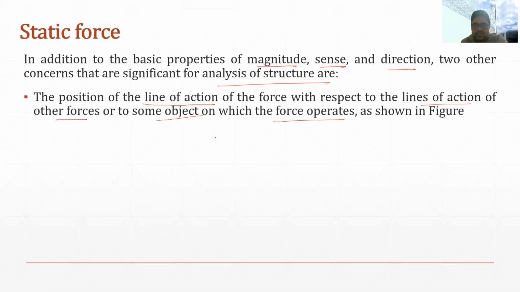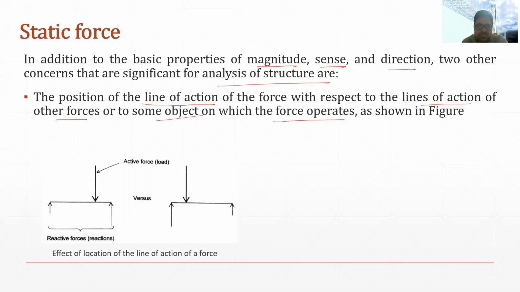Now we will understand this statement using the diagram. In this diagram, you can see there is a force system in which three forces are acting. This is the active force, which is acting on a horizontal member, shown by a horizontal line. This horizontal member may be supported on the ends, so on the ends there will be some reactive force.